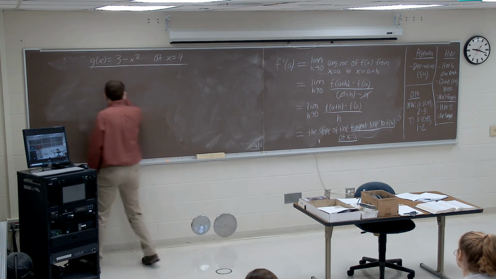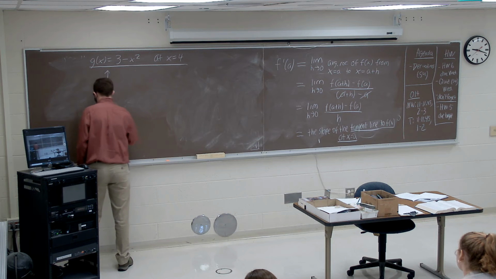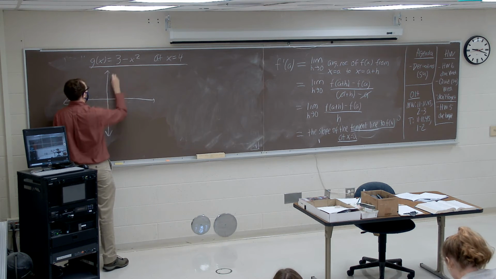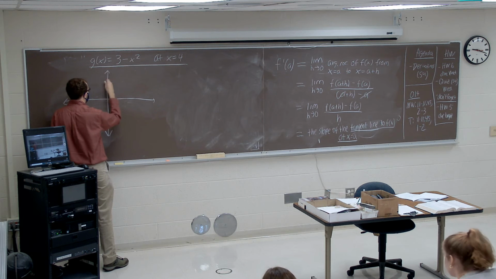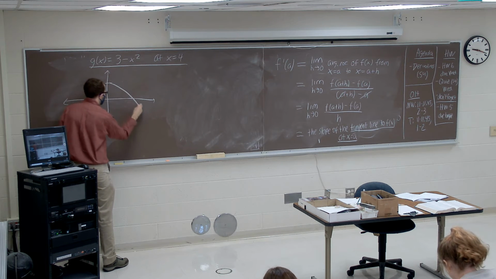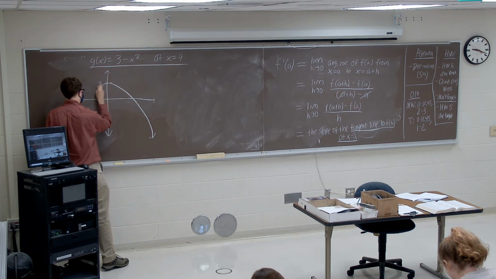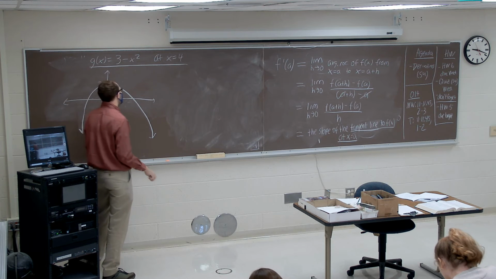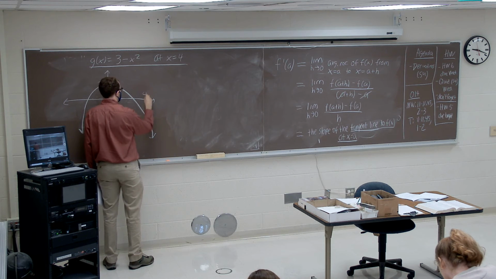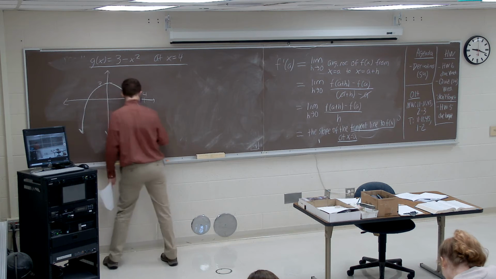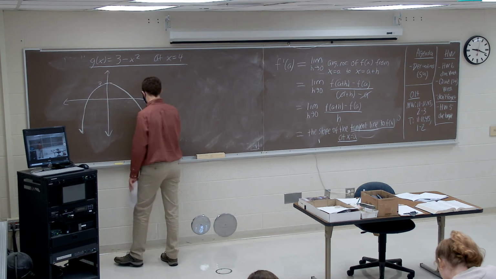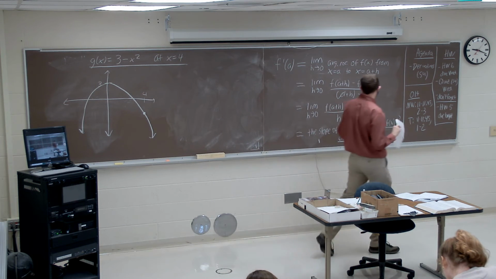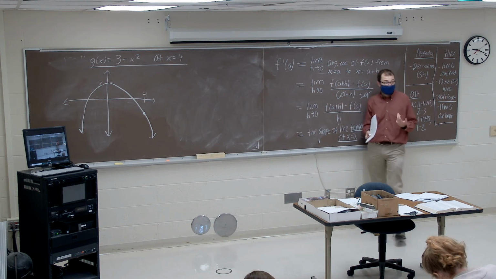So if we graph this out, we're going to have a parabola again that's upside down. And the point at which we're going to be looking at, x equals 4, is going to be somewhere about here. And our goal is going to be, let's use this formula to compute instantaneous rate of change.